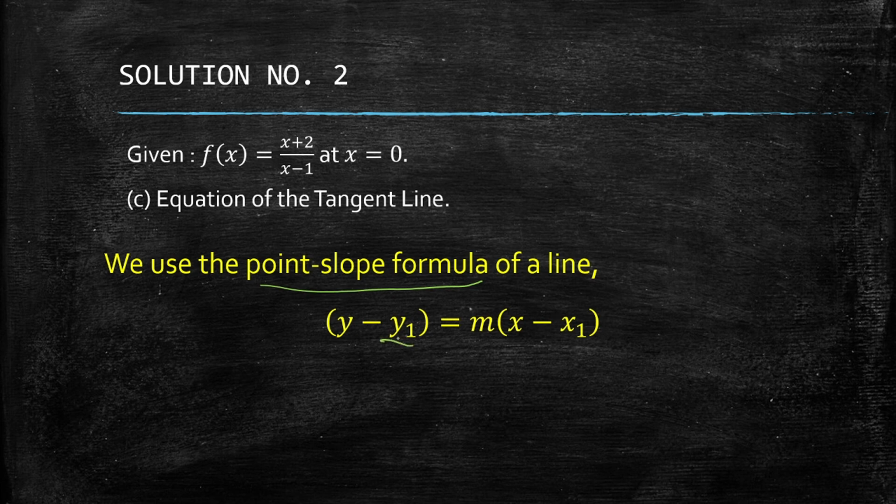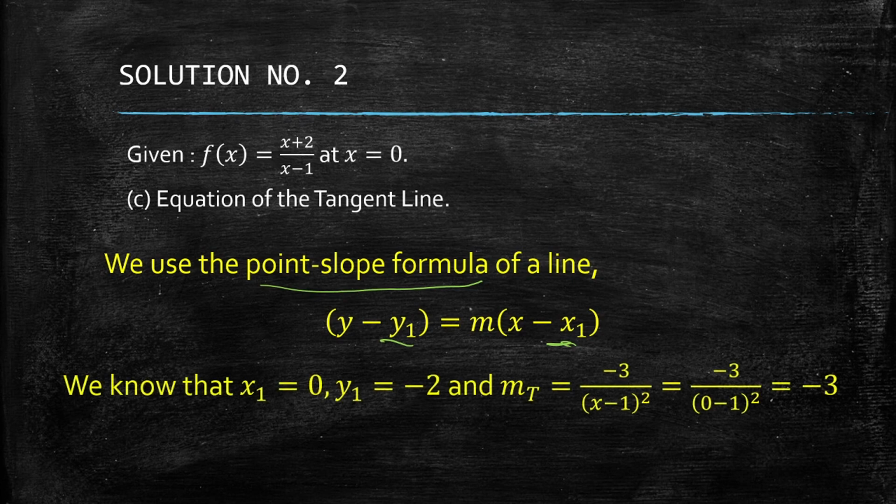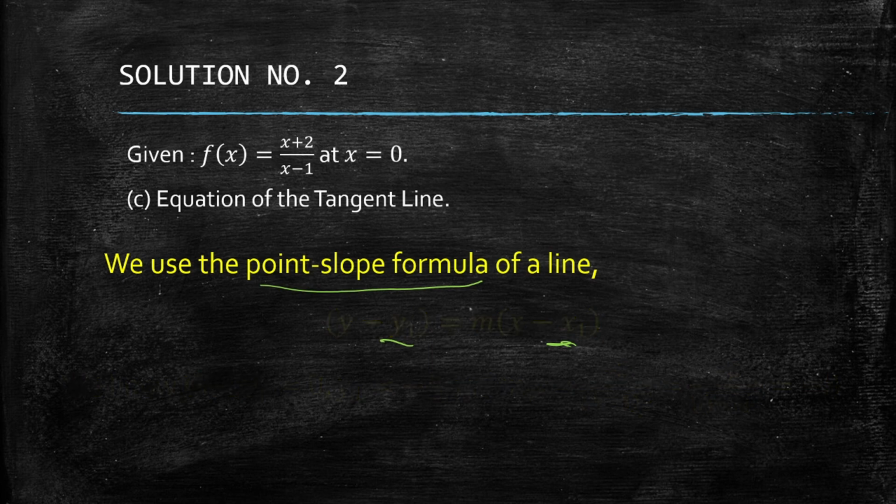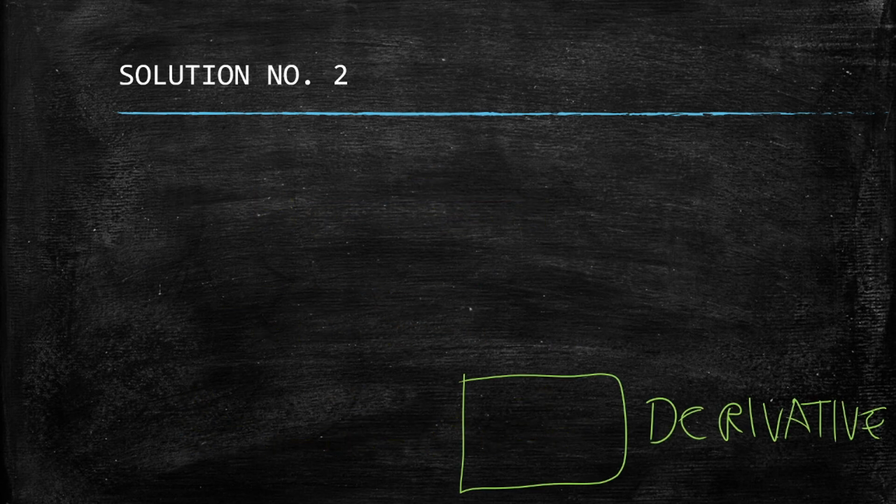So the y sub 1 and the x sub 1 here are actually the given points, the given ordered pair x, y. From the previous solution, we know that x sub 1 is 0, and yeah, let's go back. What's the point?